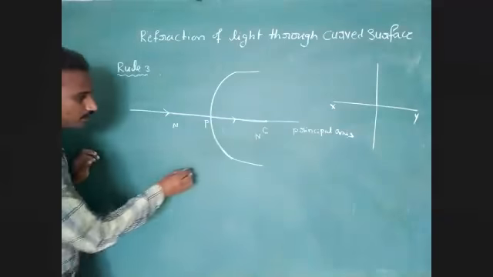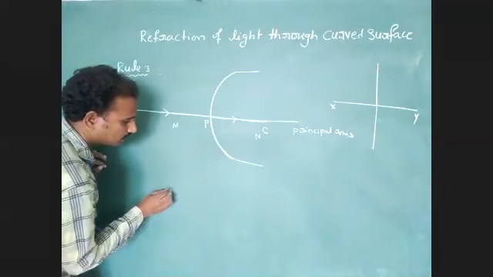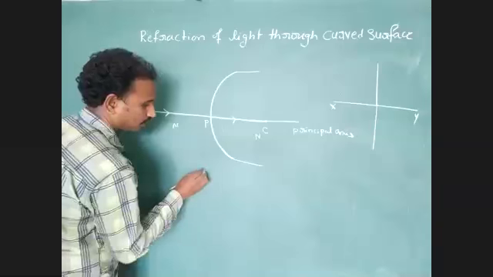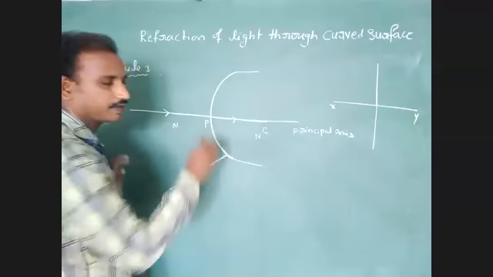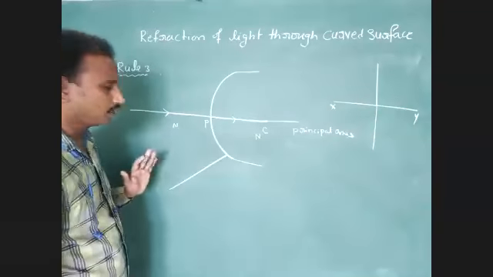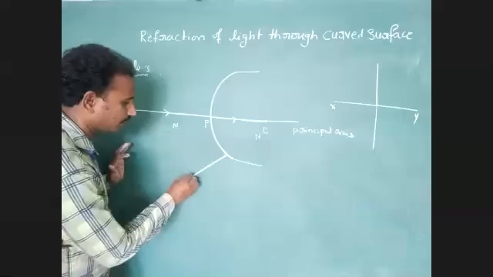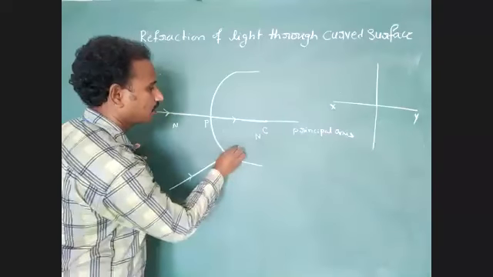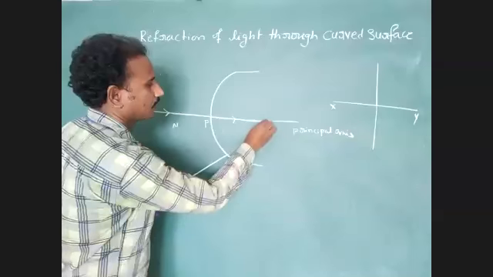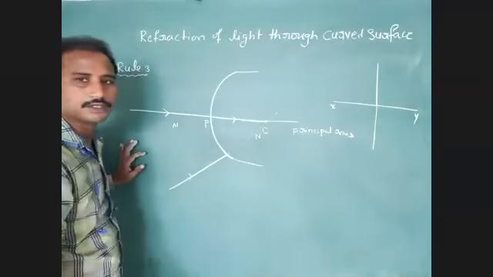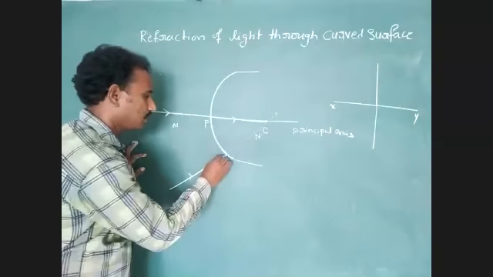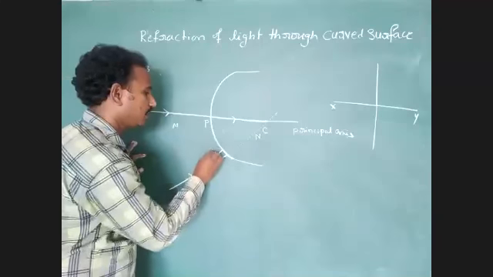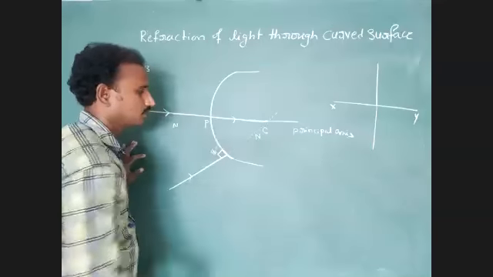Now just identify that here the incident ray is exactly perpendicular to the refracting surface. Then the refracted ray cannot deviate. It is passing through the center of curvature. What is the reason? Here the incident ray makes 90 degrees with respect to the curved surface.